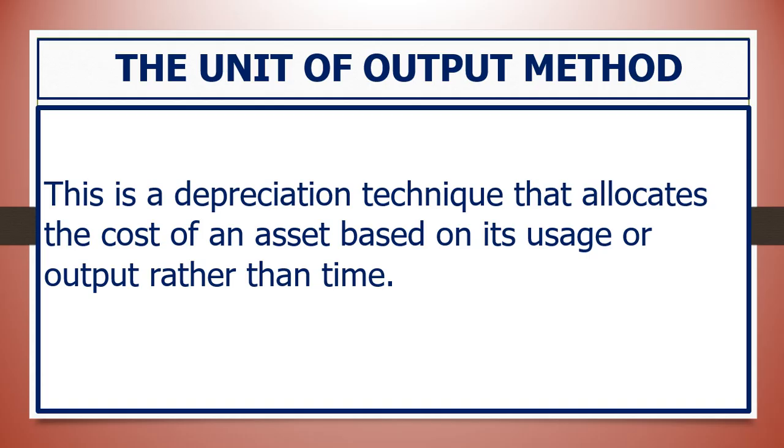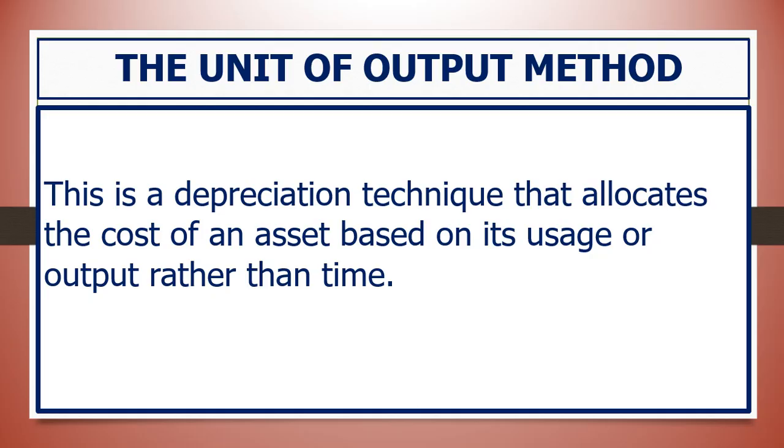Let us look at another method, the unit of output method. This one allocates the cost of an asset, or depreciates the asset, depending on the activity or the output. How many units are being produced by the asset?